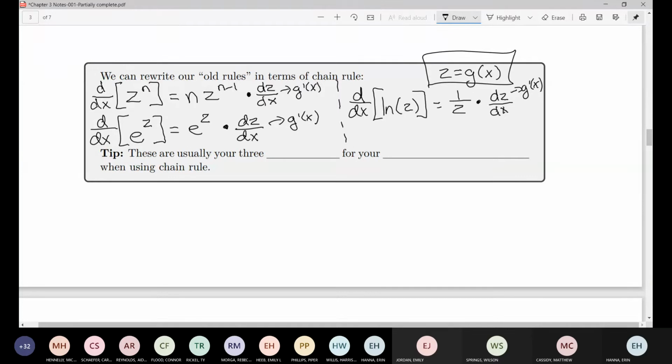One of the larger tips that I can give you, because chain rule is a bit difficult, especially at first, is that these are your 3 choices for your outside function, up to a constant.